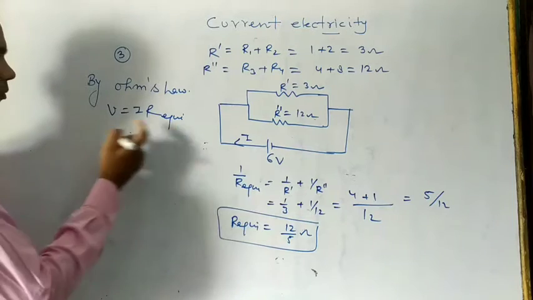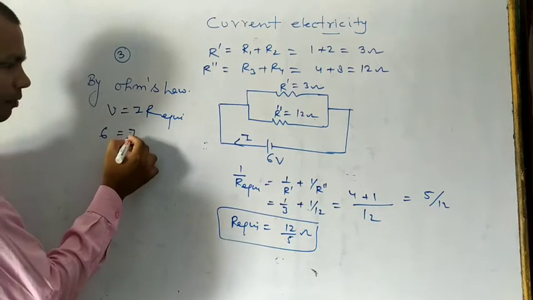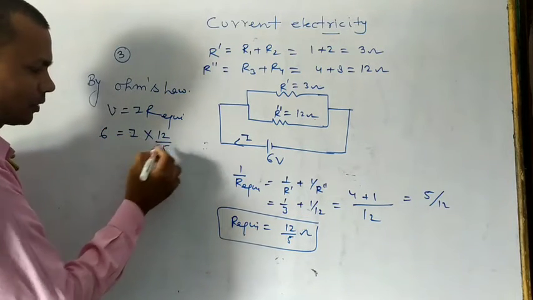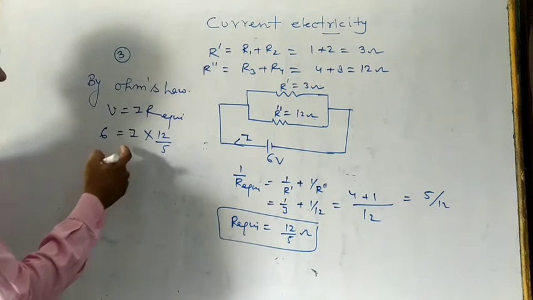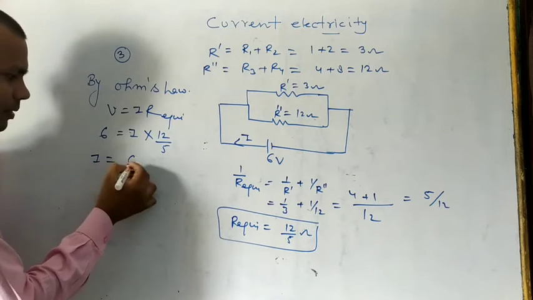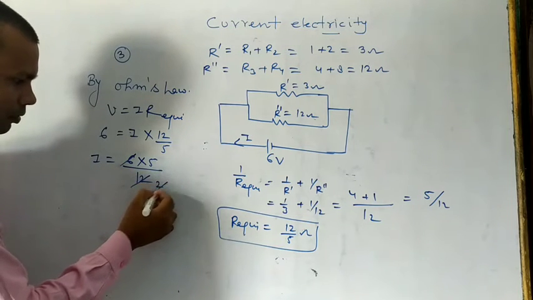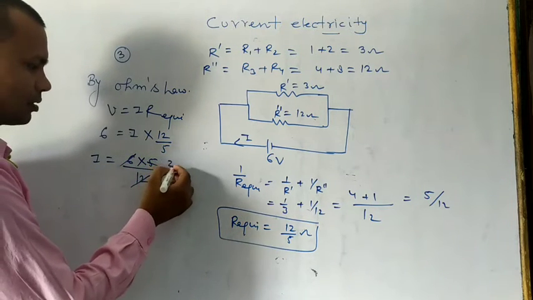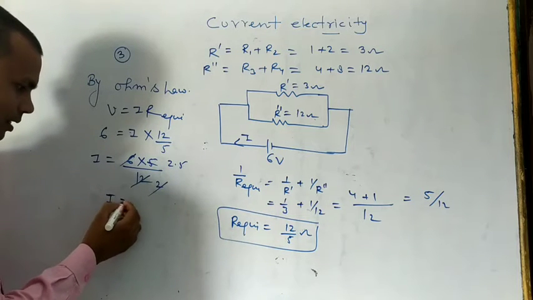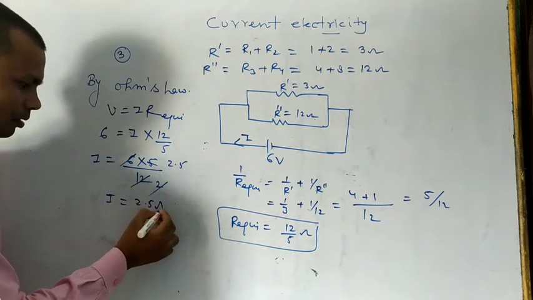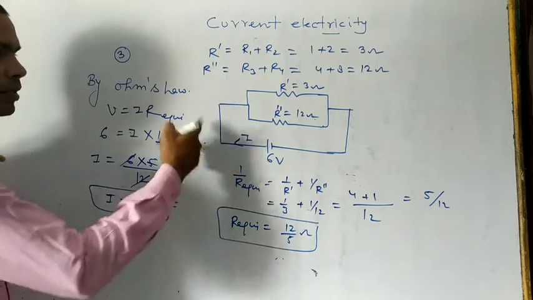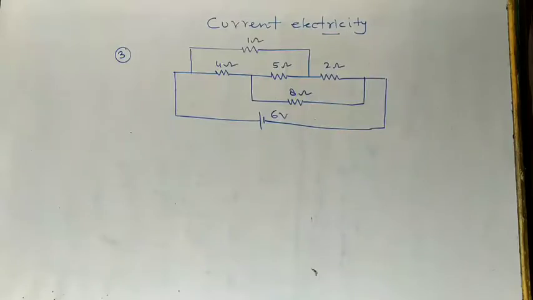So V is 6, I we want to calculate, and R is 12 by 5. So I is equal to 6 multiplied by 5 by 12. Here this is the 2, so I is 5 by 2, which is 2.5. So I is 2.5 ampere, the current flowing in this network.